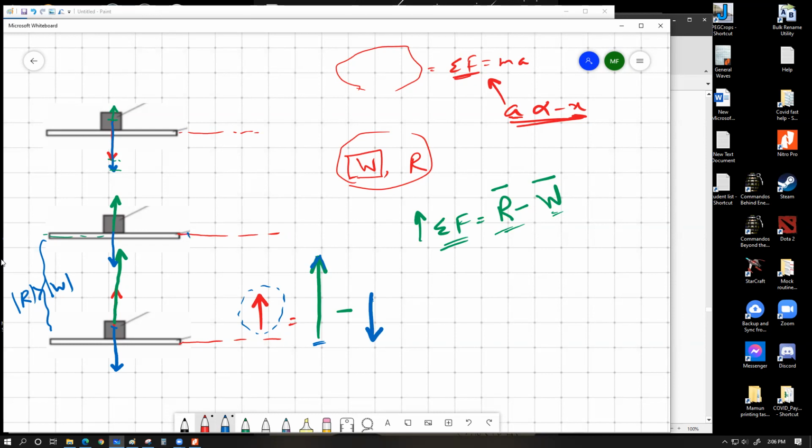Below this position, your reaction force will always be bigger, because you will require some acceleration. Some acceleration would come from some force. So below this position, exactly at the equilibrium, your reaction force and weight are equal. Here at this position, your R equals W. Below this position, R is definitely bigger than W.